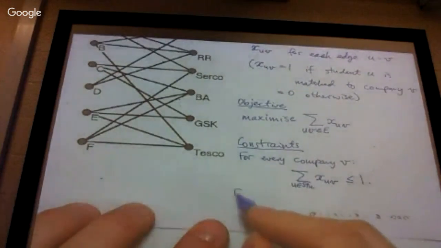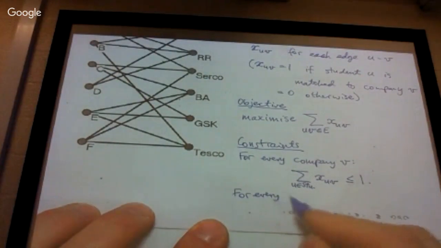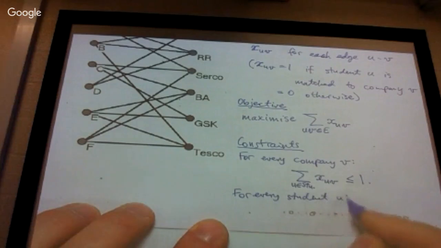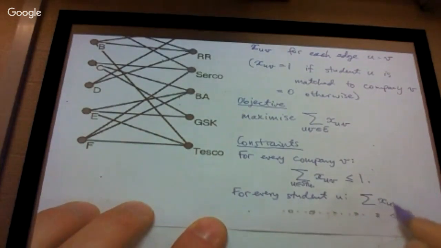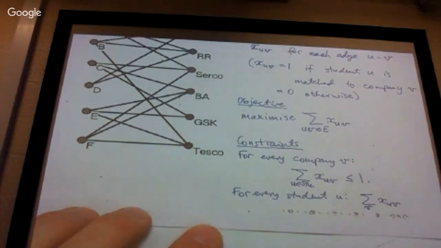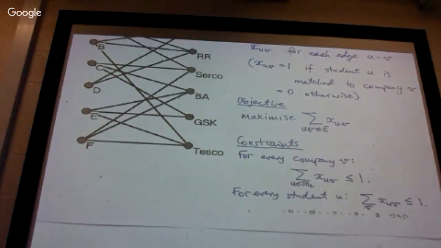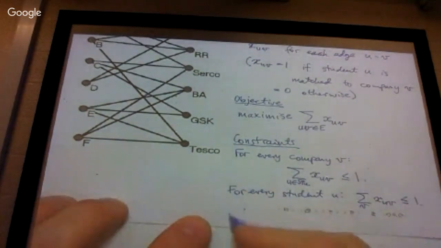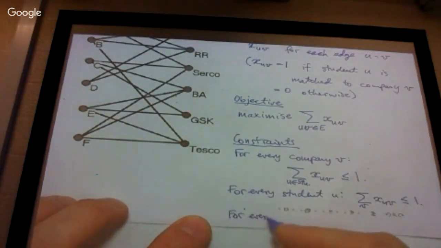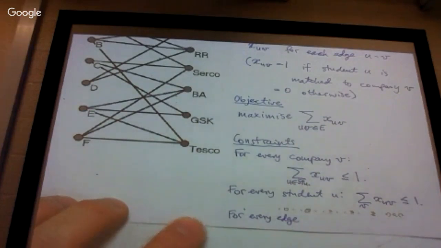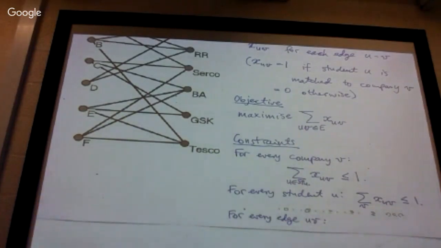And also for every student, when you're adding all the companies they could be matched to, you want that they're matched to no more than 1. And that's everything. We really just want no more than 1 student, no more than 1 company.